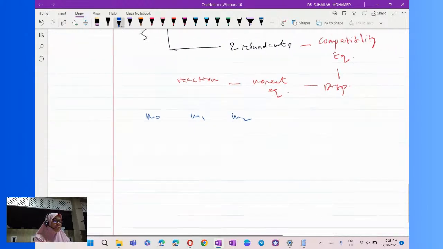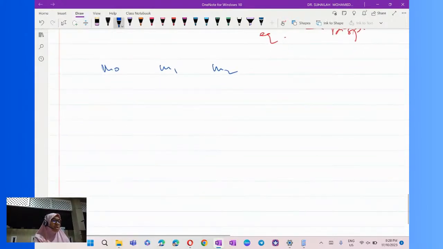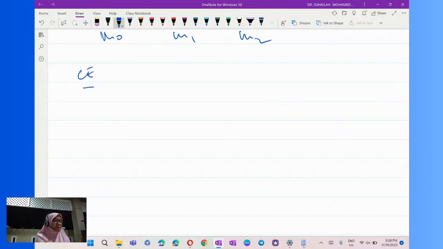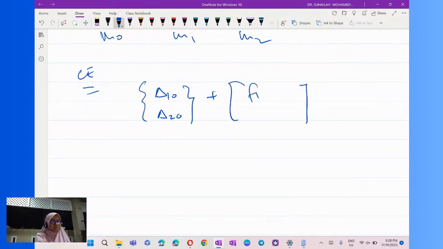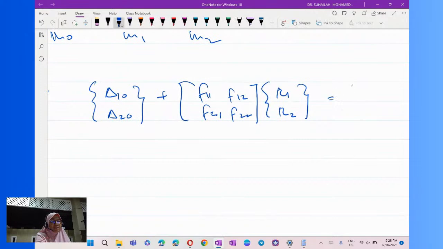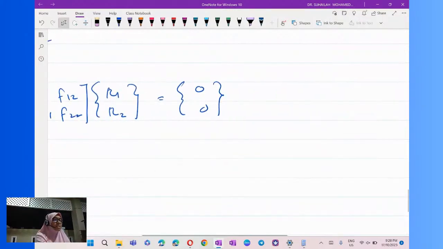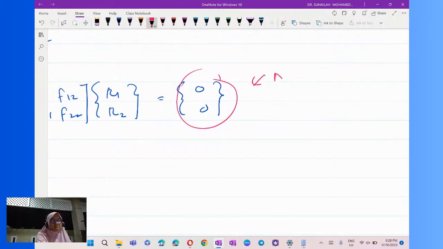For the compatibility equation, it is like this: F11, F12, F21, F22 times R1 and R2 equals 0. This is whenever there is no support settlement, so the right-hand side is 0, 0.